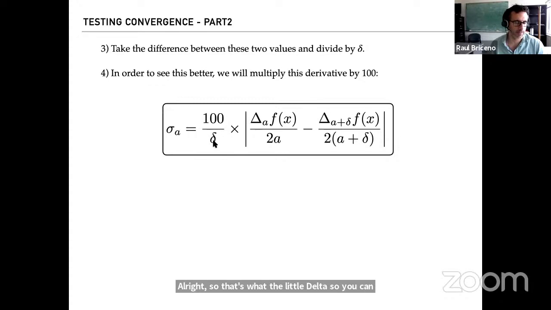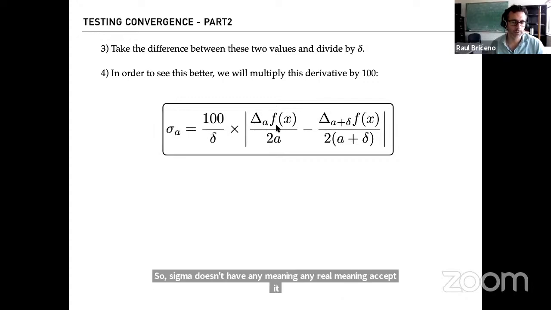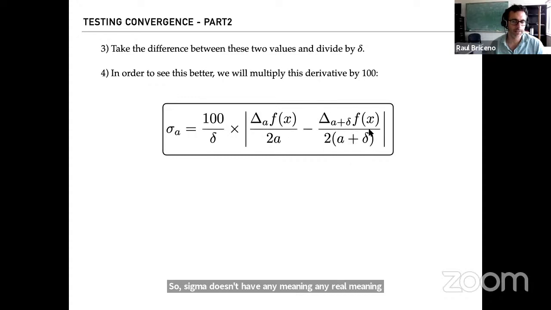And then I divide by 10 to the negative 3. So without this 100, this is just the derivative of the derivative of f, so it's the second derivative of f. The 100 is just because I put it in there. So sigma doesn't have any real meaning, except that if the derivative of f is independent of a, then the derivative of f evaluated at another point in a will give you the same result.